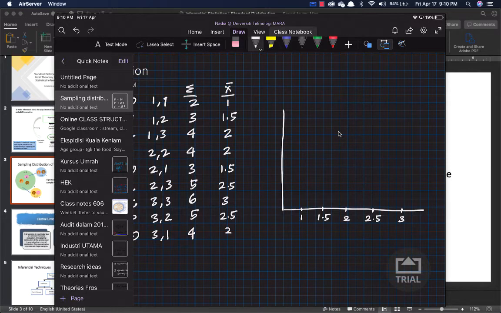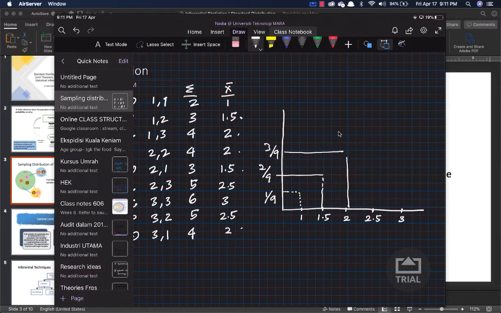You can see that that's only 1 over 9. So there's a 1 over 9 chance that when you sample, you're going to get a mean of 1. Why 9? Because the total number of samples that we get here is 9. So what about 1.5? There are 2, so it's 2 over 9. And what about 2? That's 3 over 9.